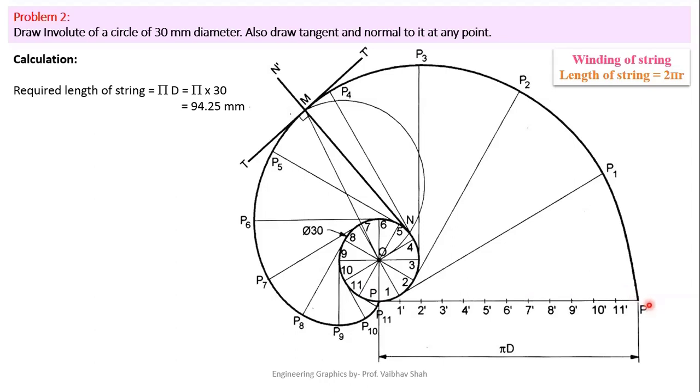You have to simply connect all these points starting from this P dash point: P dash, P1, P2, P3, P4, P5, P6, P7, P8, P9, P10, P11, and P12 or P point would be the final point on the circumference, which shows that your string length is gradually winding over this circle.